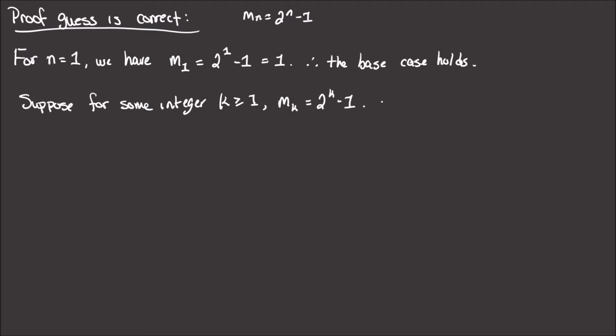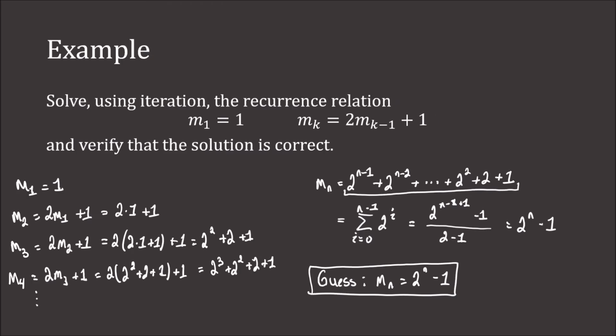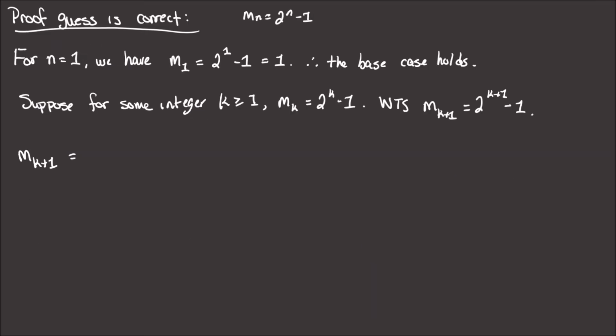We now need to show that m sub k plus 1 is given by 2 to the k plus 1 minus 1. So we look at m sub k plus 1. Well, by the recursive definition, that is 2 m sub k plus 1.